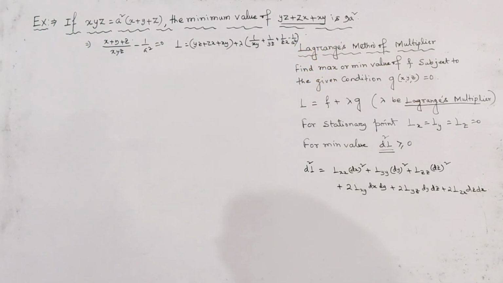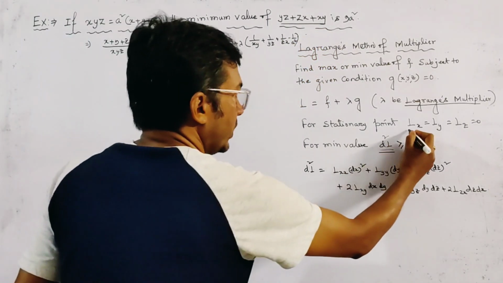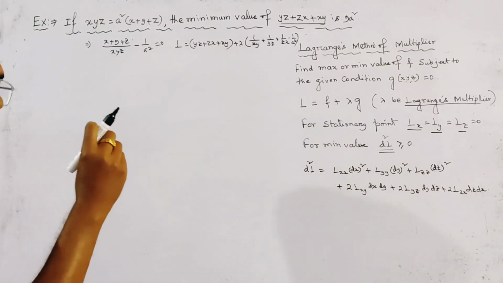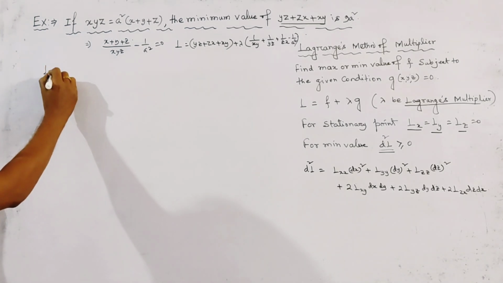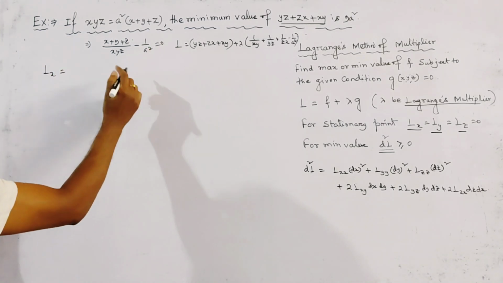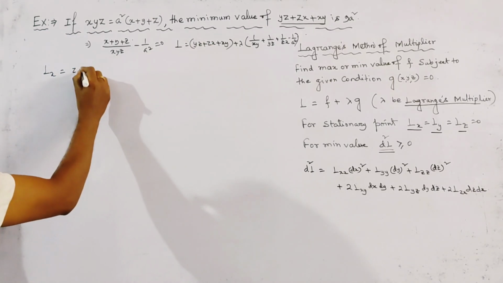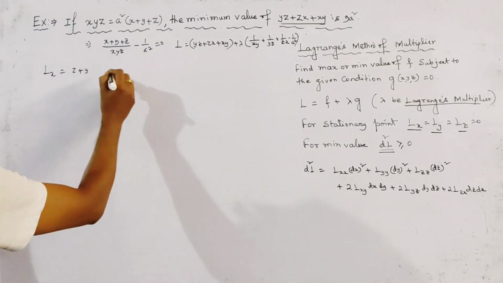This is the Lagrangian. Now we find Lx, Ly, Lz and equate all of them to 0. For Lx, from the first part we get z and y, because this is the partial derivative with respect to x, and the xy... term is 0.